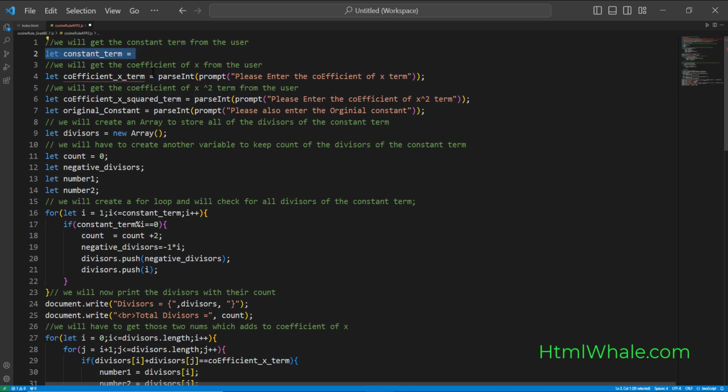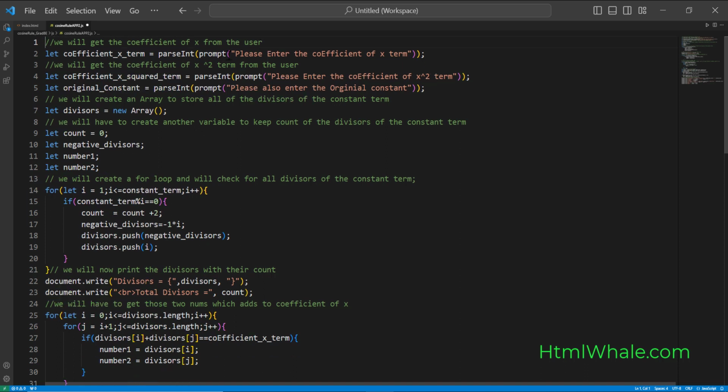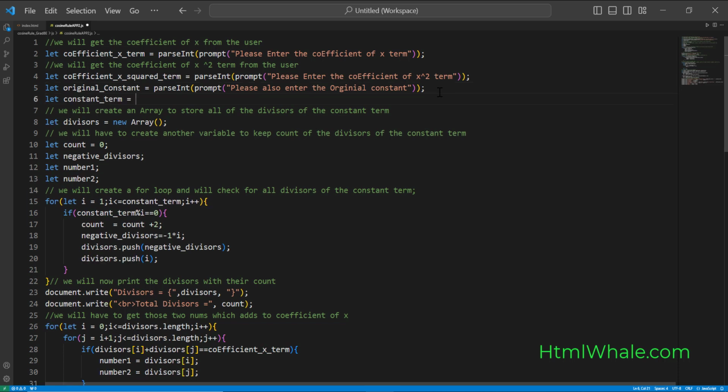This is fine. I don't need these two lines. So we will get the coefficient of x, that's fine. The coefficient of x squared, that's right. The original constant is got here. And over here, I will place the constant term, and we are actually taking the original constant and multiplying it with the coefficient of x squared term.